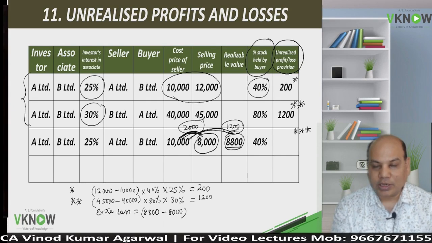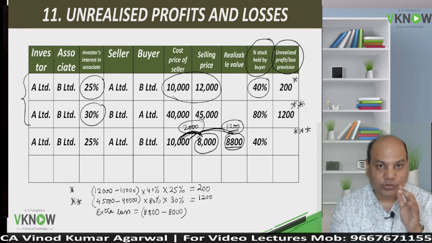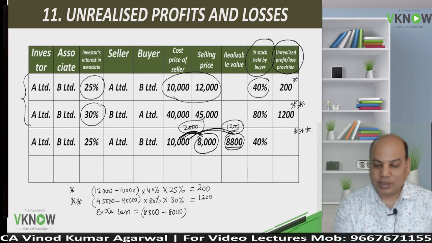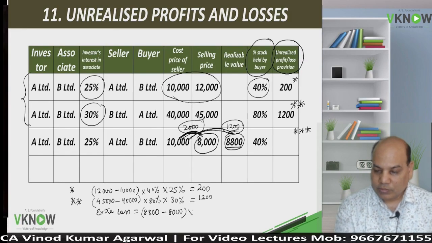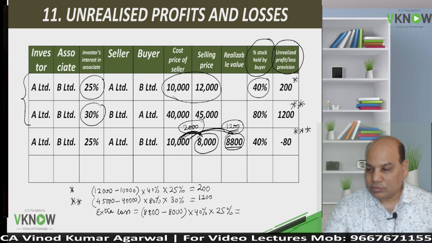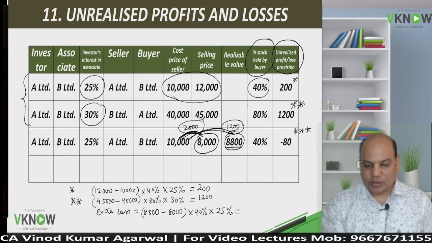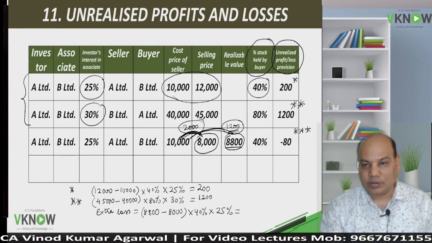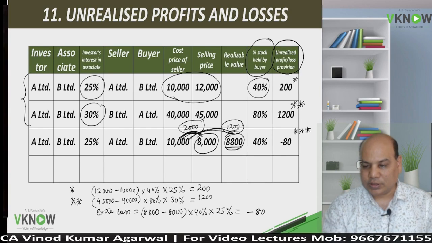I understand market value has gone down to 8,800, so 1,200 would have been the loss, but you have created 800 extra loss, multiplied by unsold stock and by percentage share. So do the calculation and check: 800 into 40% is 320, into 25%, so minus 80.